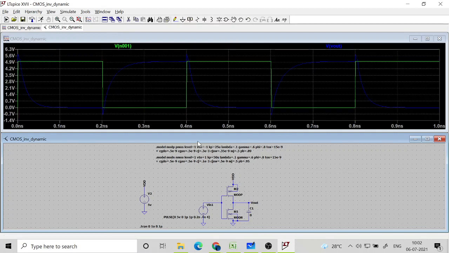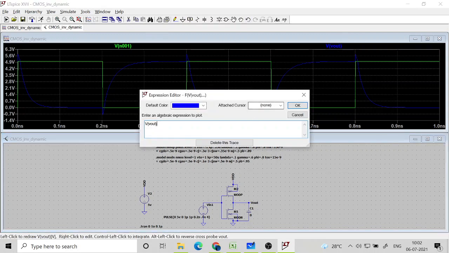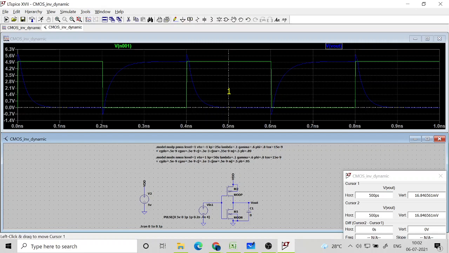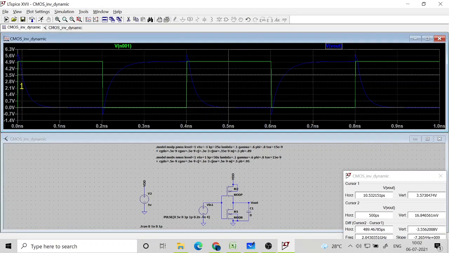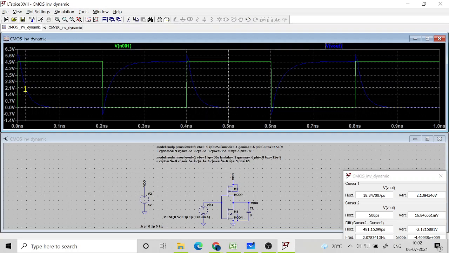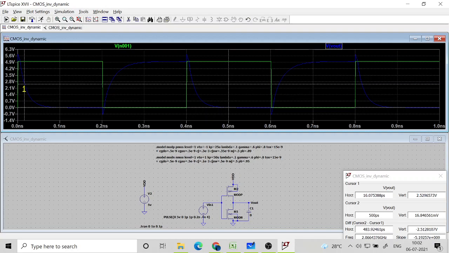Okay, so let's measure. There is not much change. It is again 16. That's because the capacitance is increasing.